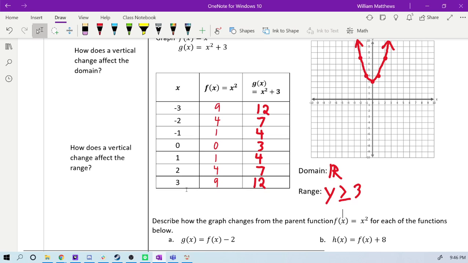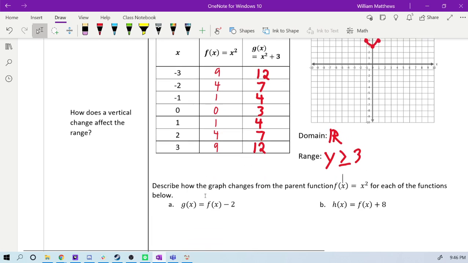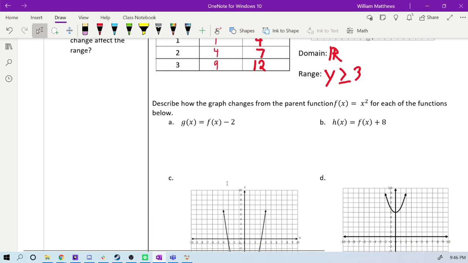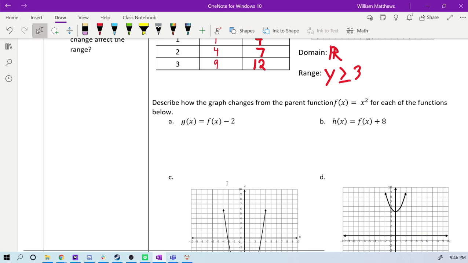So understanding that adding or subtracting a value after everything is done shifts it up or down, we can start looking at equations directly and explaining what they do. Our next section says describe how the graph changes from the parent function f of x equals x squared for each of the functions below.